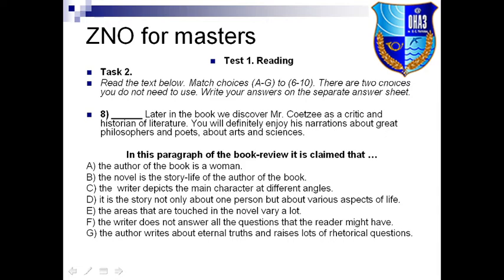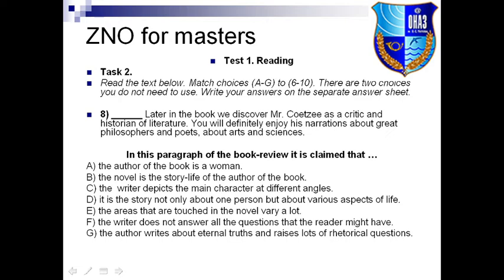What if? Option C, the writer depicts the main character at different angles. And again, this paragraph is rather about the author, the writer of the book, not about the characters, about the heroes or heroines of the book, or villains, maybe.